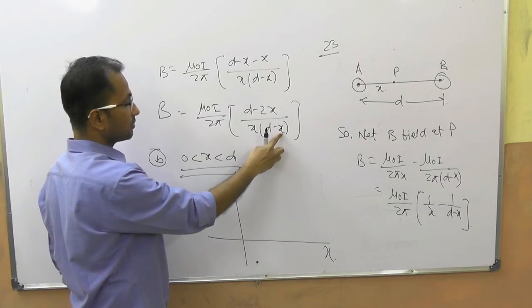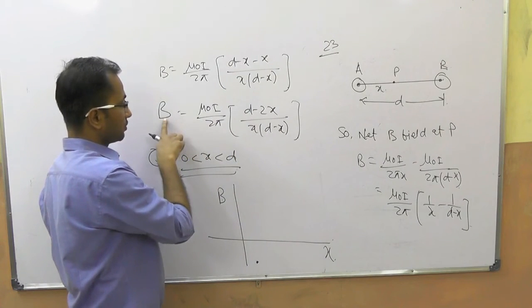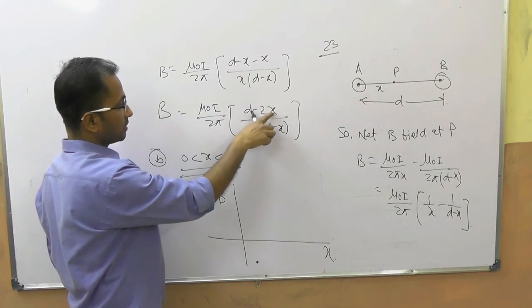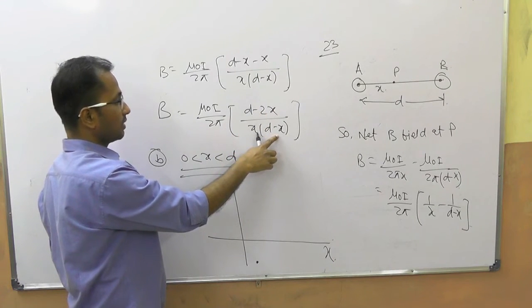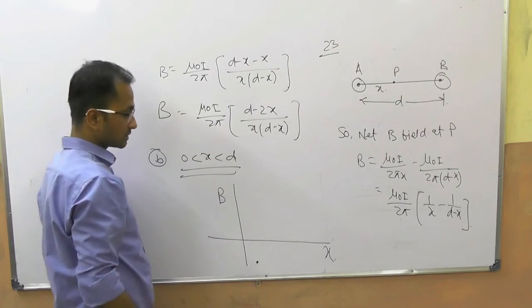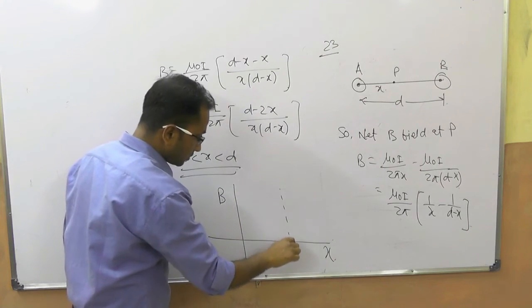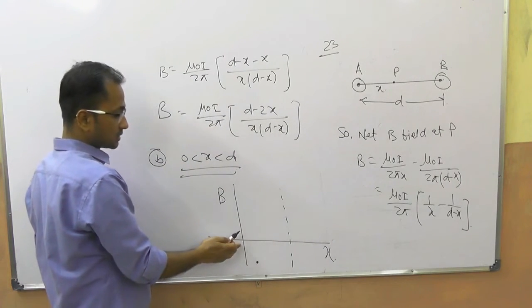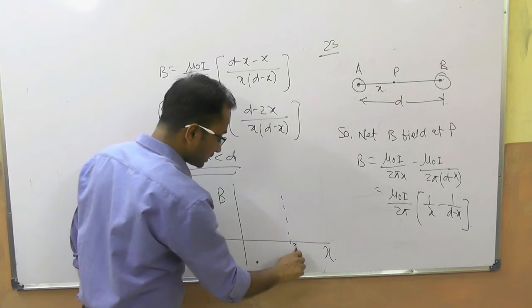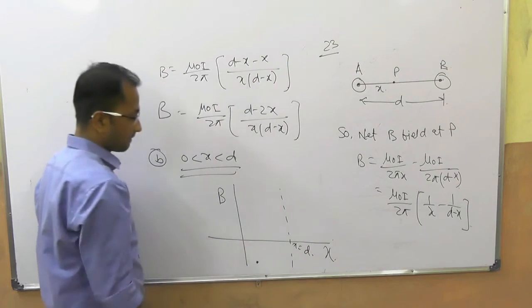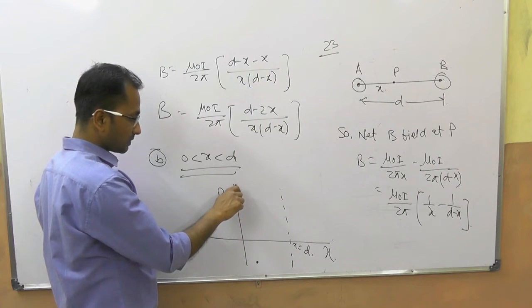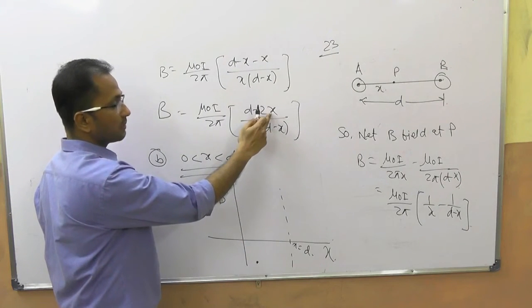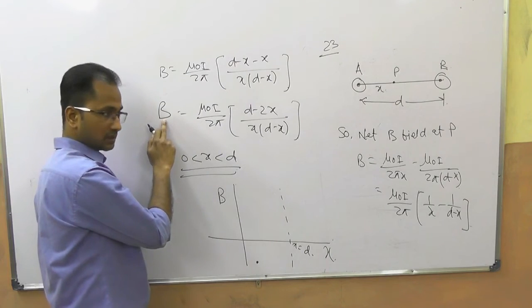At x equal to d, the numerator becomes minus d and the denominator is 0, so it tends to minus infinity. We have to plot between x equal to 0 and x equal to d, as given in the question. So at x tending to 0 plus, it tends to infinity. At x equal to d by 2, it becomes 0.